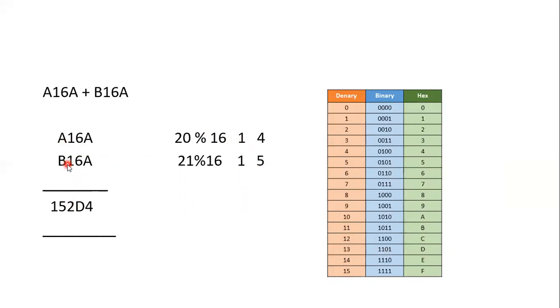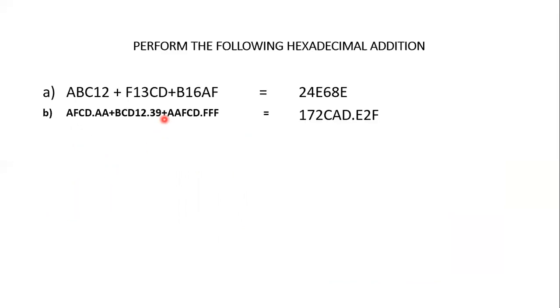So A is 10, B is 11. 10 plus 11, 21. So 21 divided by 16. So carry is 1, remainder is 5, therefore 15. So take this to perform in hexadecimal.